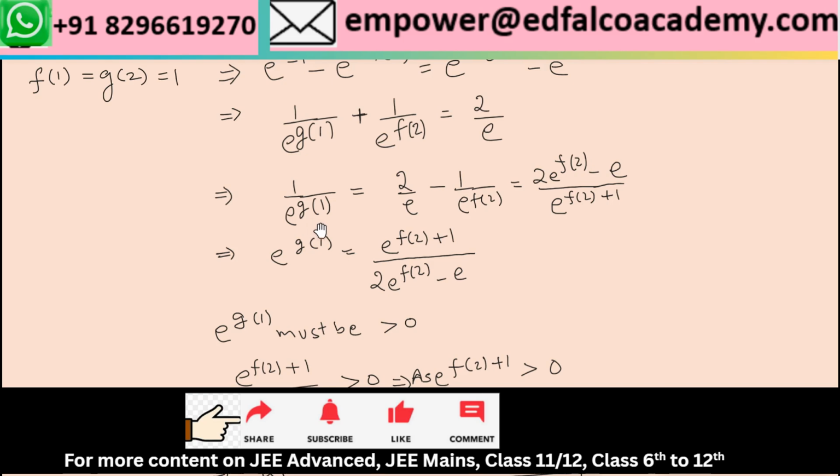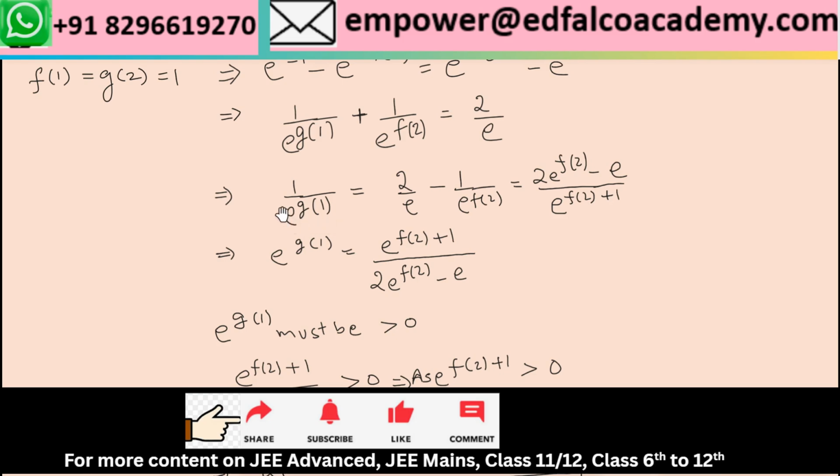Now, we all know that e to the power minus g of 1 always needs to be a positive number, so it has to be greater than 0, because for an exponential function, whether it's a positive power or a negative power, the value has to be greater than 0.